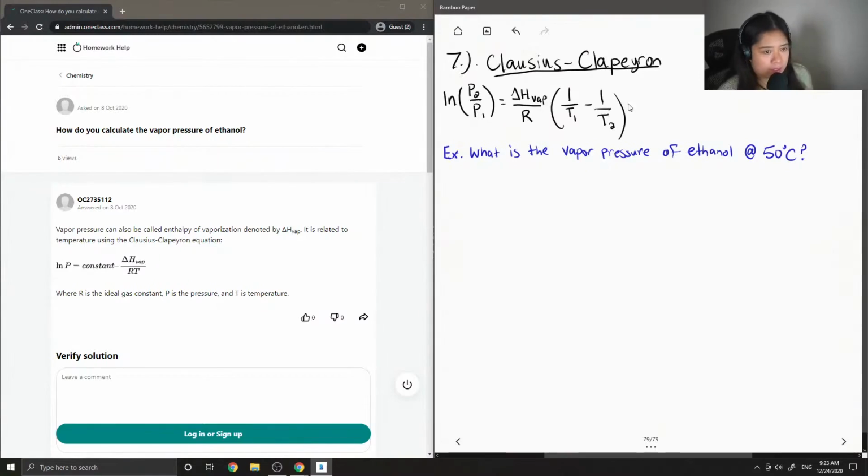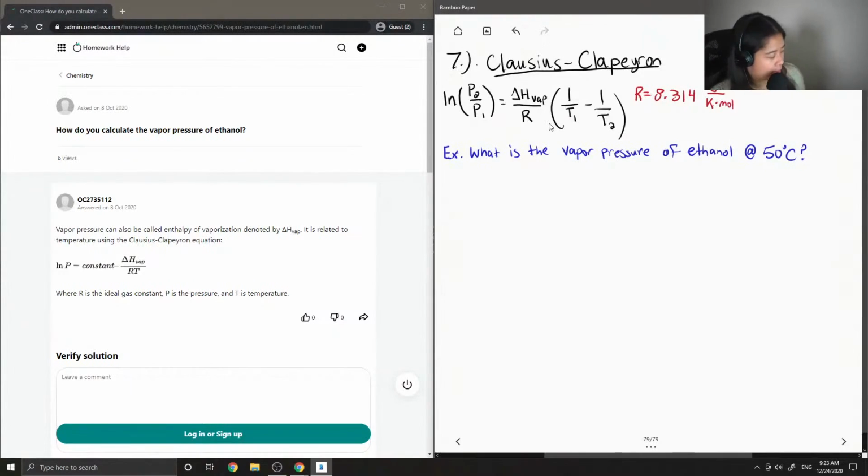Okay, so using the Clausius-Clapeyron equation, R is a constant, so I'll just write it down up here. It is 8.314, which is the ideal gas constant, and the units are joules over Kelvin times mole.